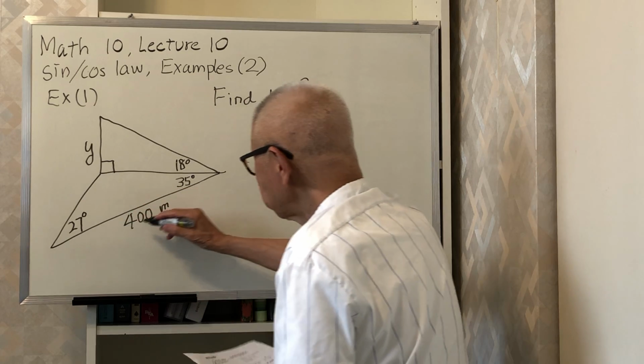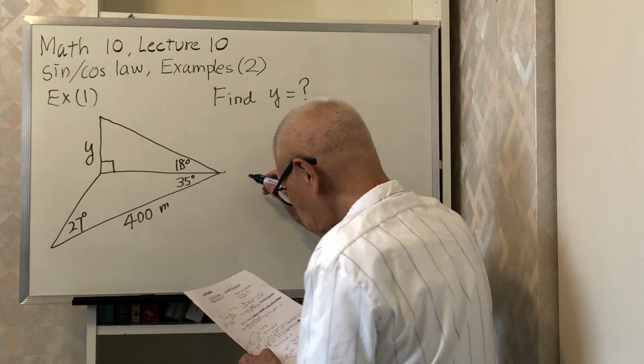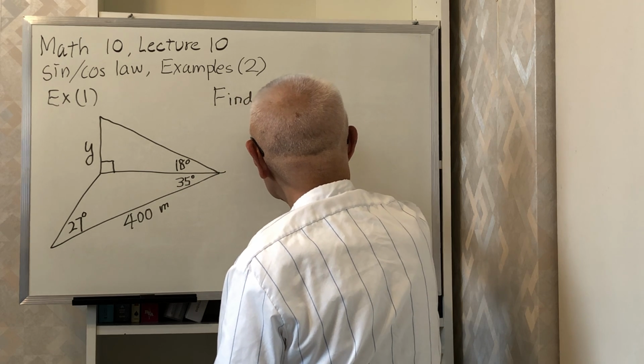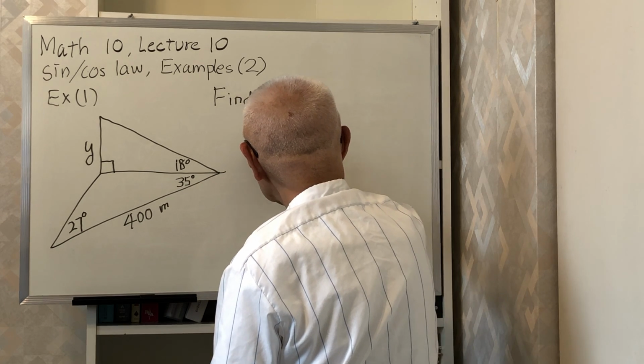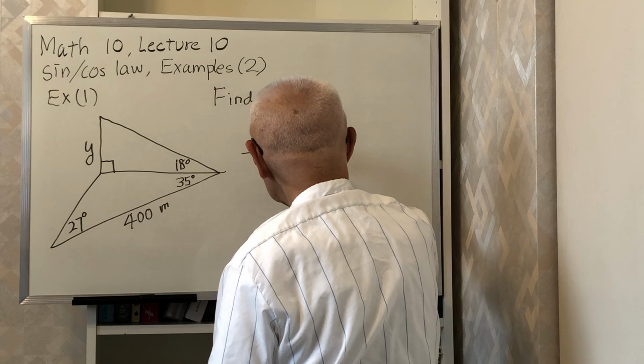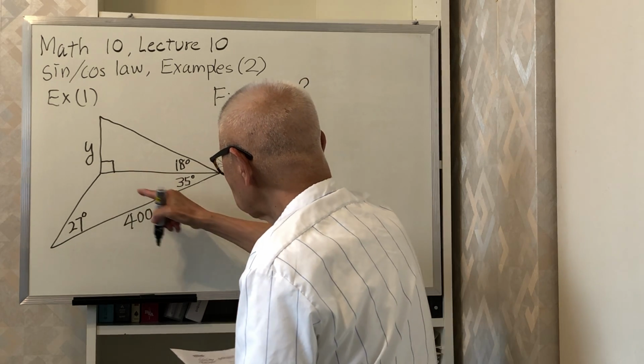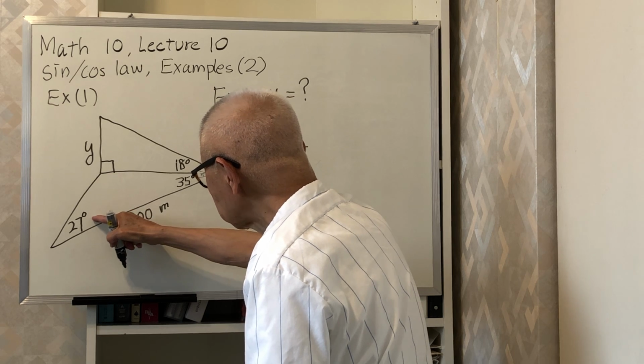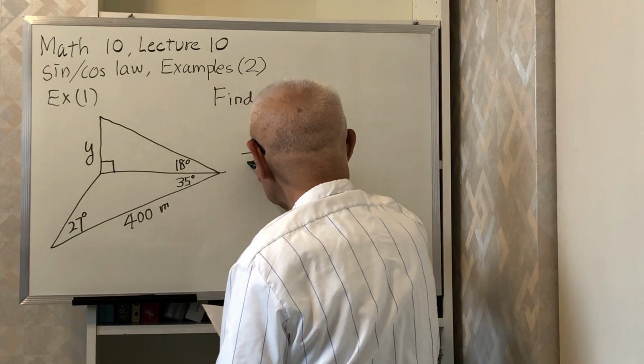First, I use sine law. So I write sine law now. 400 divided by the sine of this angle. This angle is 180 minus this minus that.